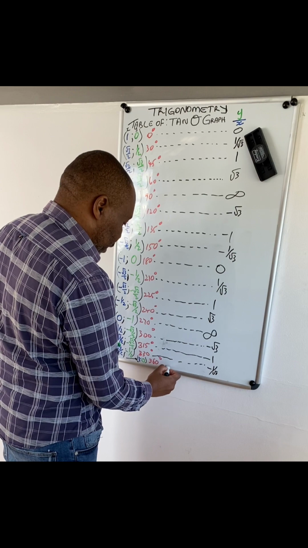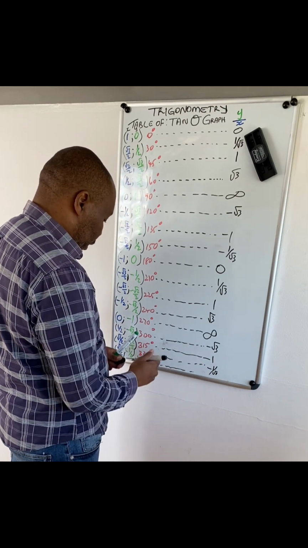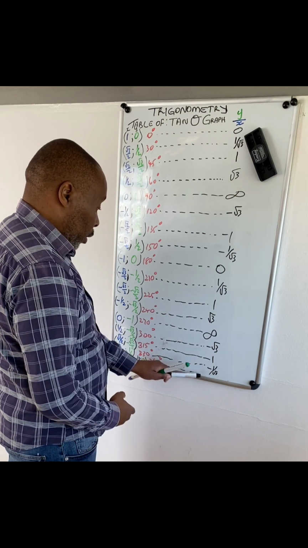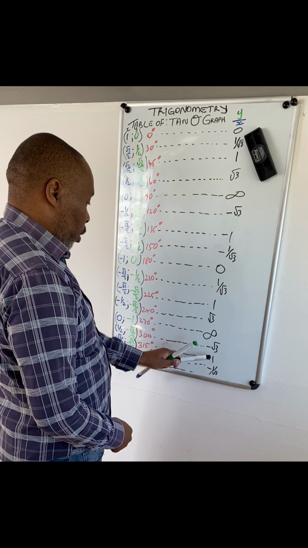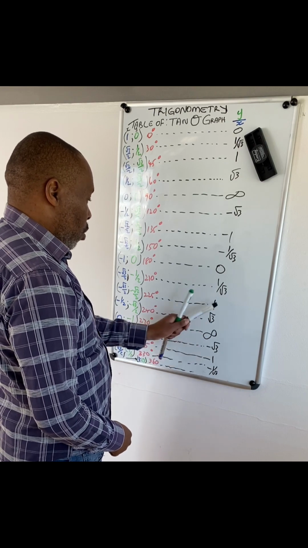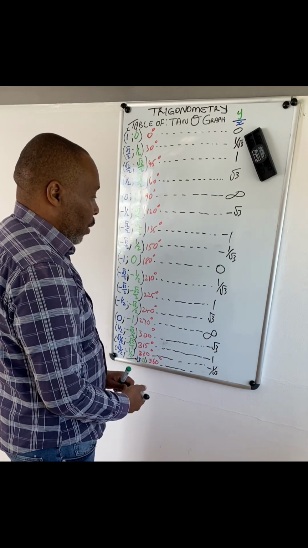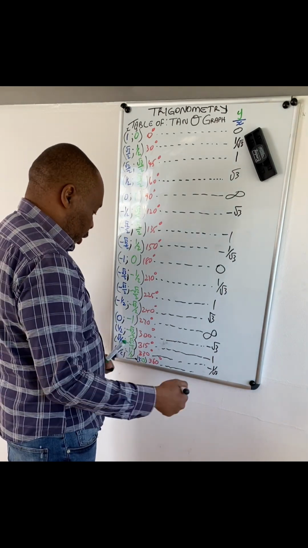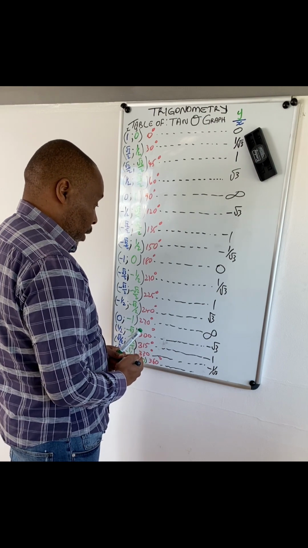And then at 360, I'll put 360 here closer. At 360 we have what? A 0.